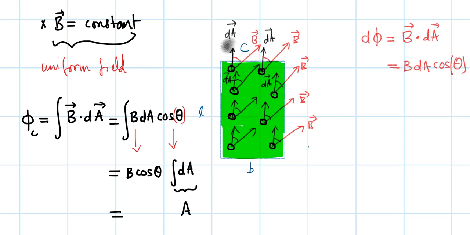Let that area be A, and we have outside B cos theta A, which will culminate to look like B A cos theta, and B A cos theta is in fact the dot product B dot A.